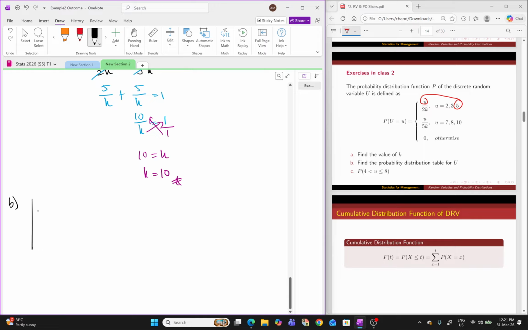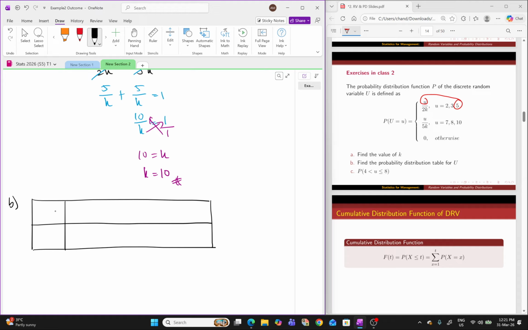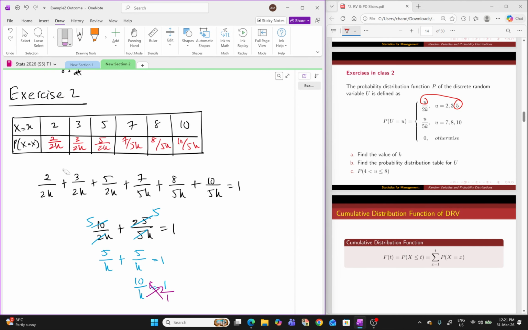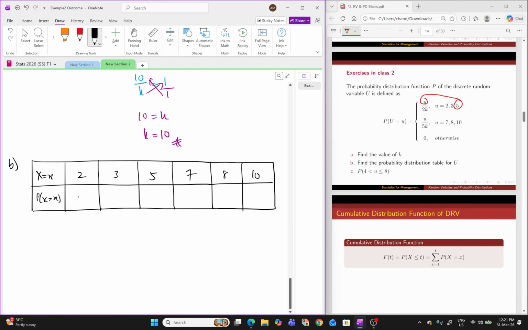For B, when you replace the K inside here, you can try and check. Your answer will be here 0.1.